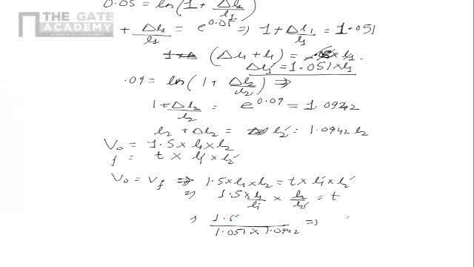So that's the answer. The options are A 1.414, B 1.304, C 1.362, and D 289. So option B is right. This is the answer.